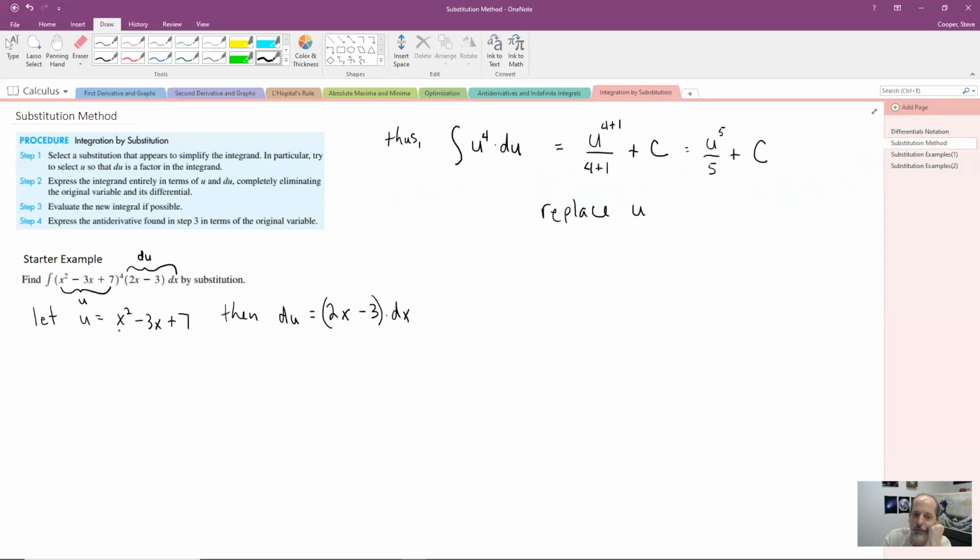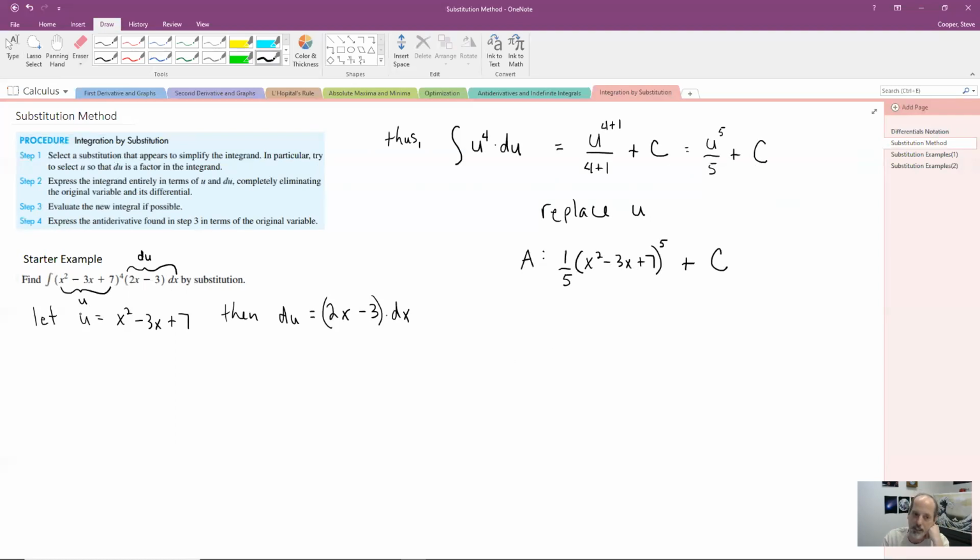And now the only thing we have to do is replace u. And u is x squared minus 3x plus 7. So our answer is (x squared minus 3x plus 7) to the 5th times 1/5, that's the over 5, plus the constant of integration.